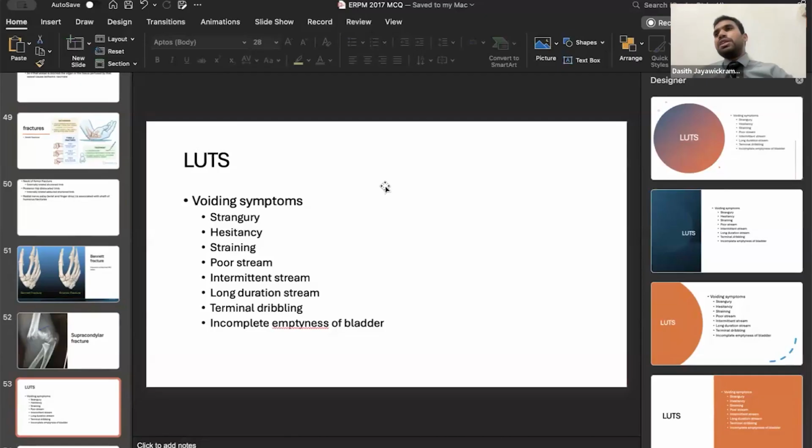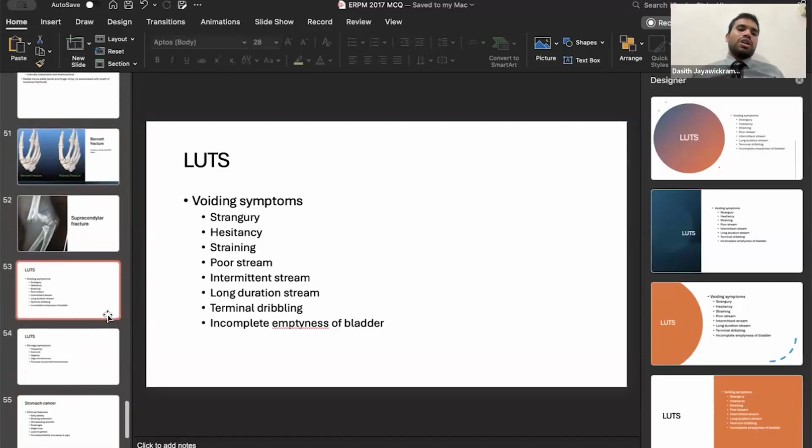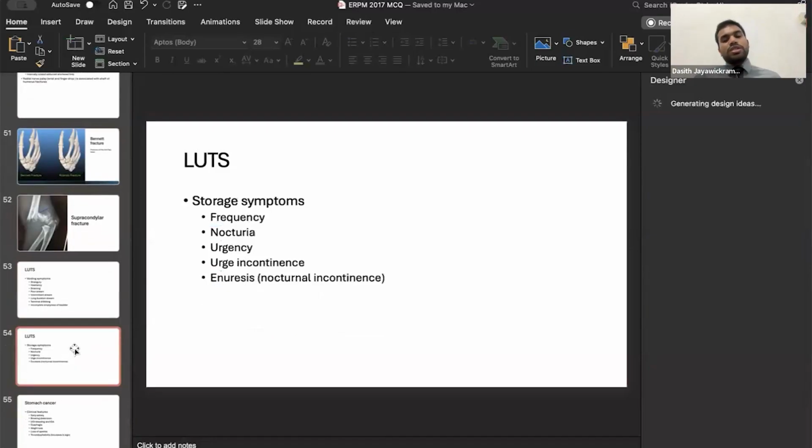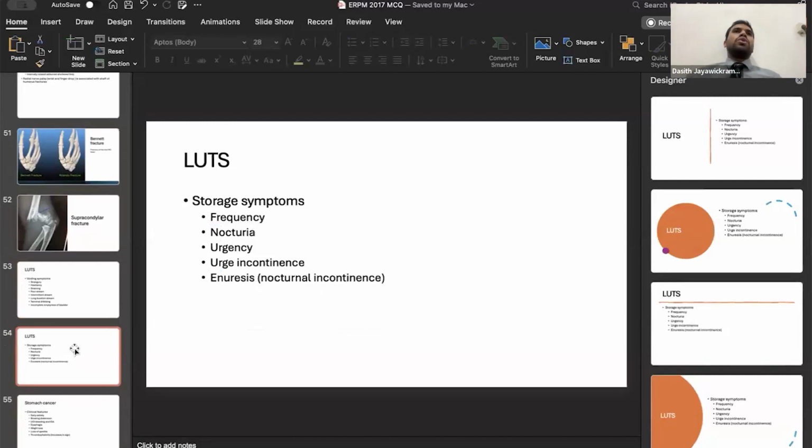If you remember these in order, then you can tell it nicely like a story. Okay. So what are the storage symptoms? Frequency. Now imagine you urinate, but you feel not everything is gone. Some is left.